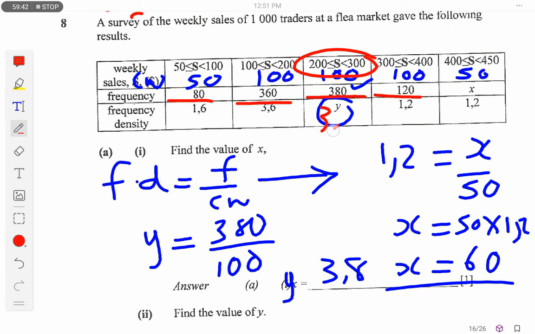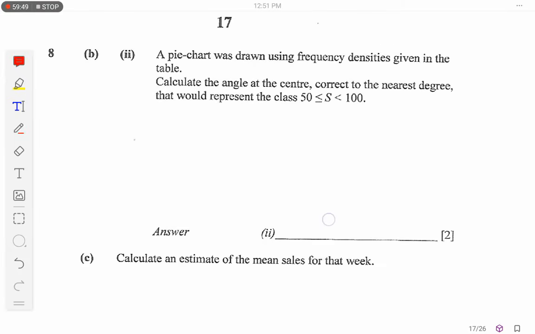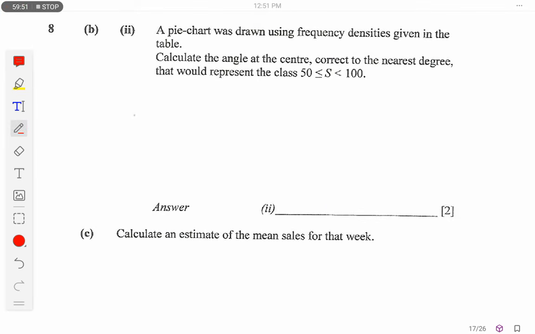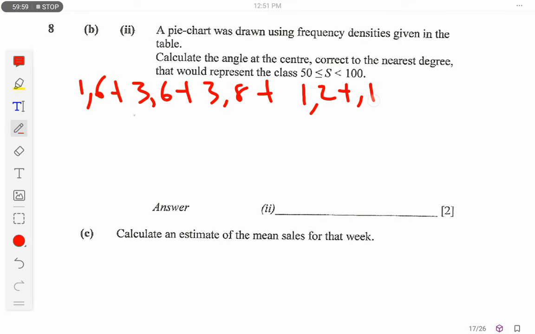Here we say the 3.8. So you add 1.6 plus 3.6 plus 3.8 plus 1.2 plus 1.2. We get 11.4.